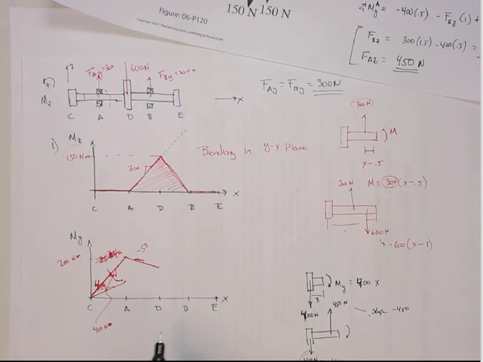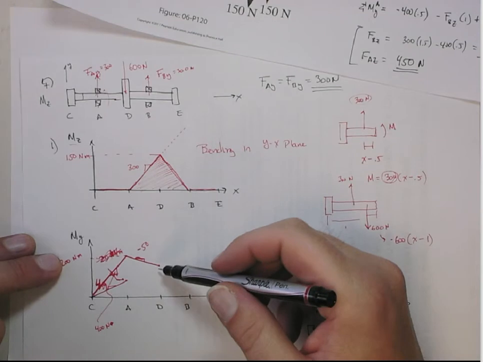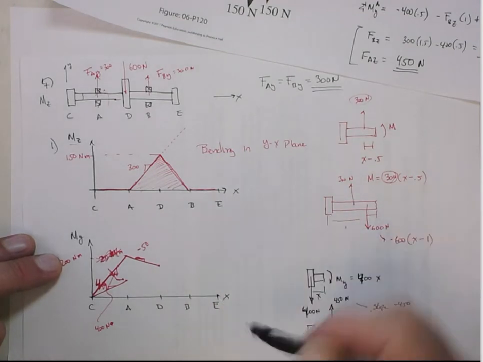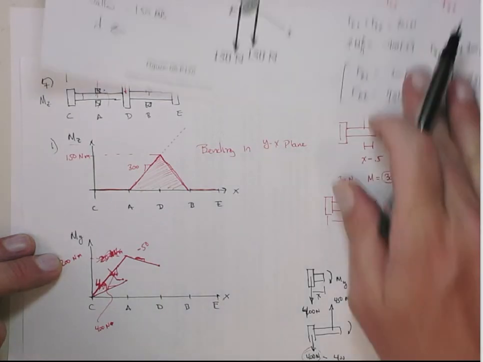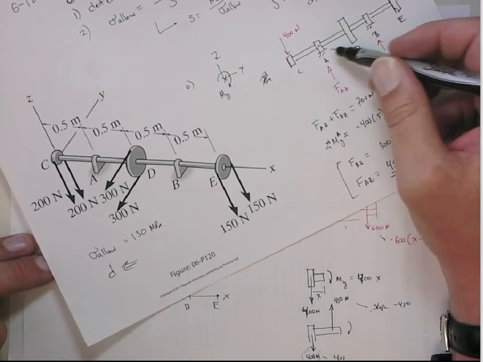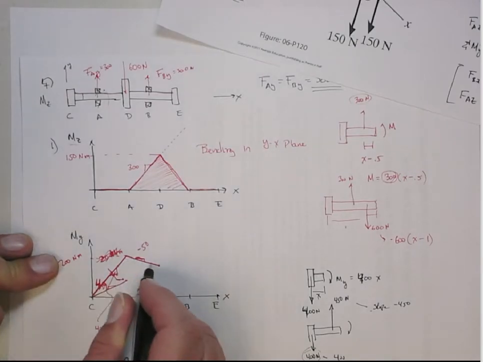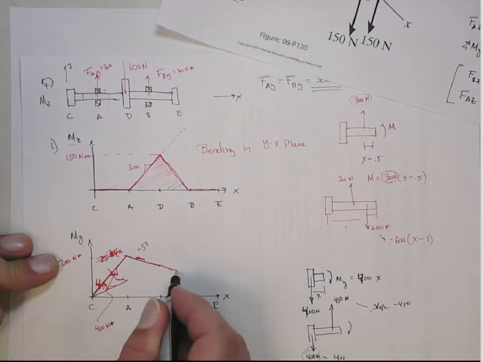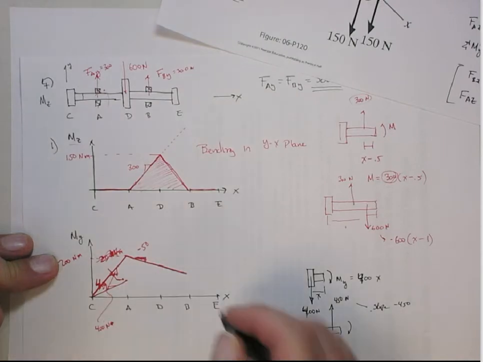So from here to here is a distance of 0.5, and that's going to keep going. There's nothing at D, so we have the same state all the way between A and B. So this will carry all the way over to point B at that slope of minus 50.